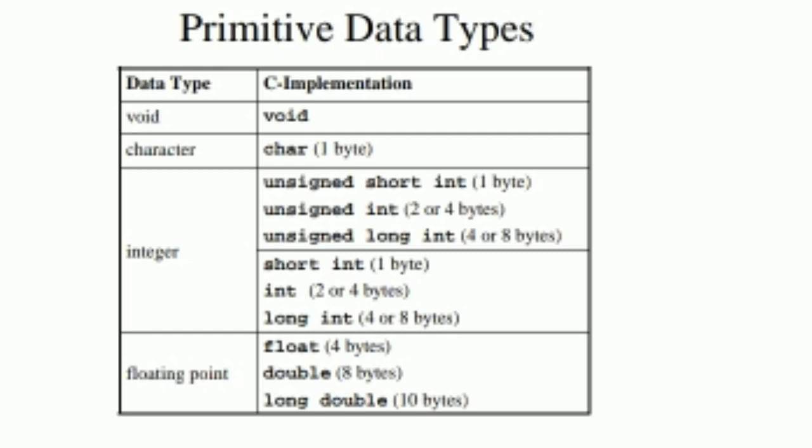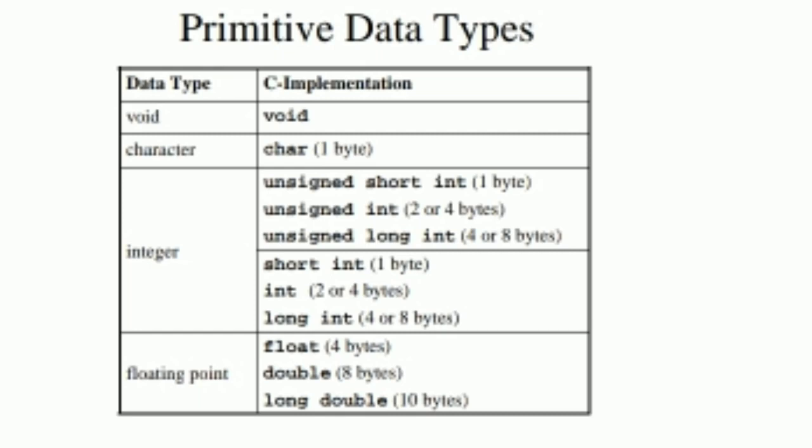These are some specifics. What are the ranges? Data type, memory bytes. Short integer, that is 2 bytes, ranges from -32768 to 32767.